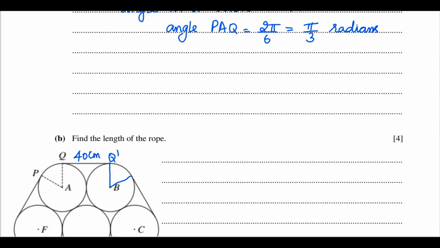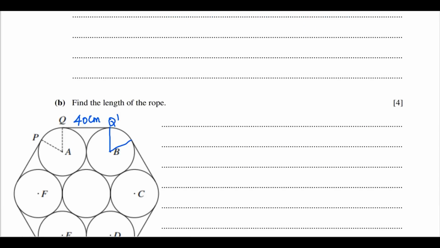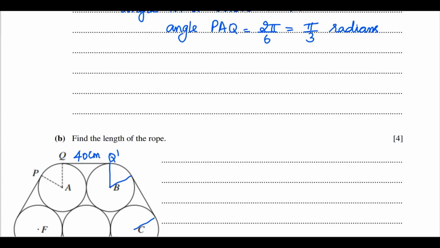And similarly, on all the other sides also, we will get 40, 40 like that. So 6 times we will get 40. Next, we have to find the arc length here.